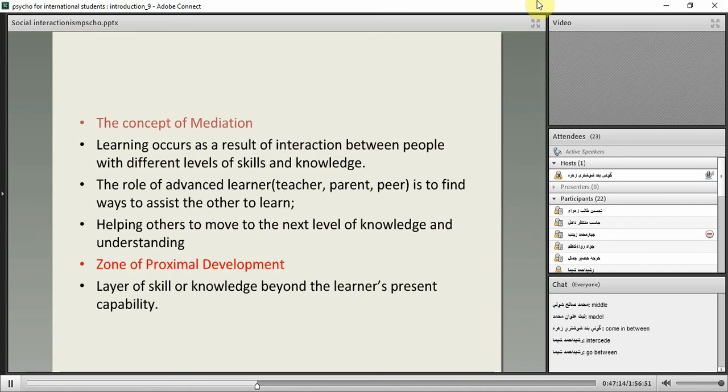This means the mediator tries to assist and offer help to the less advanced to move to the next level of knowledge and understanding.